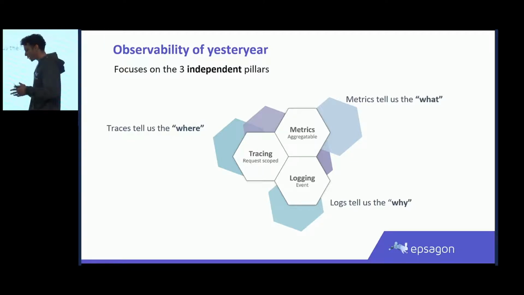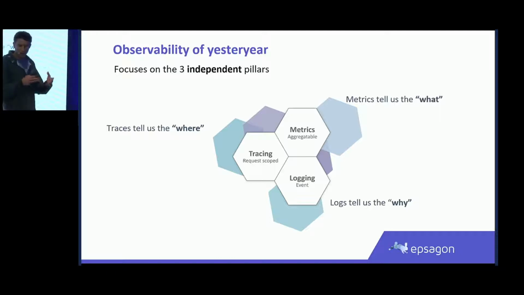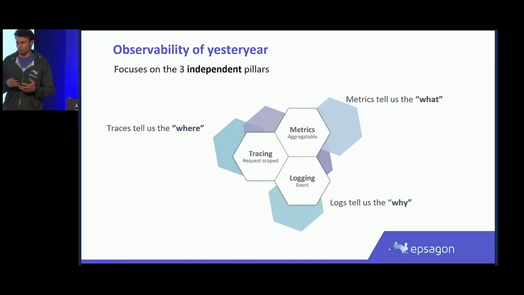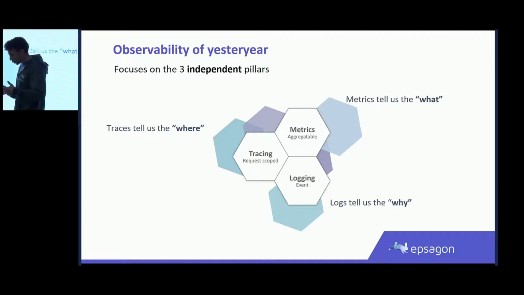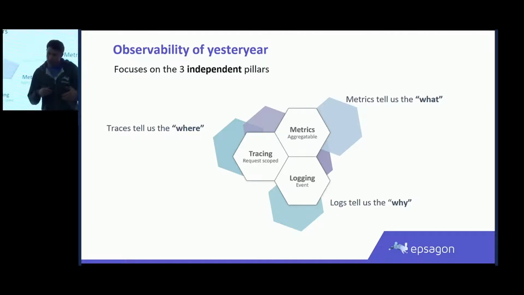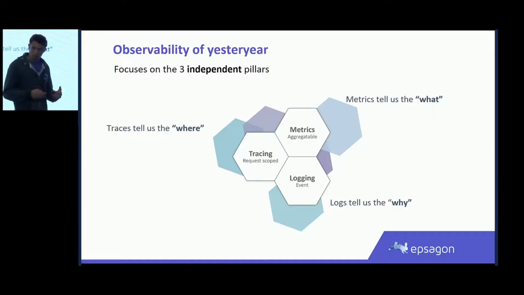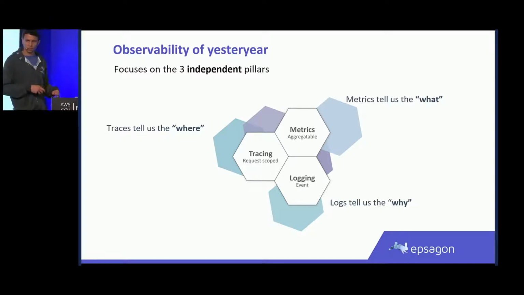Looking back real quick, metrics are the what, an increase in 500s. Traces are the where, the payment service. And logs are the why, invalid coupon ID error thrown from that service. So gaining observability using logs, metrics, and traces can really help us cope with the challenges that we just talked about regarding microservices and moving to the cloud.